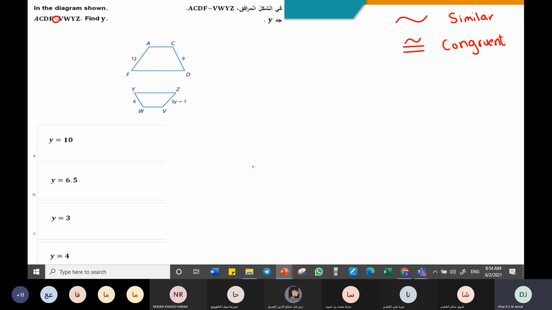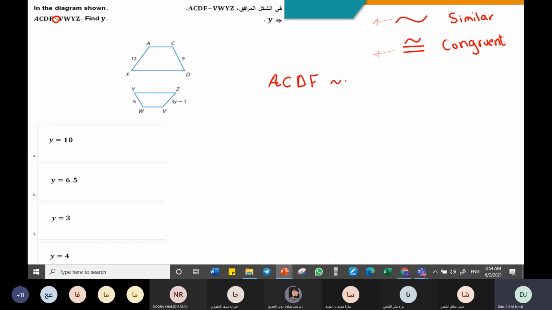Please know the difference. So he's telling you that they are similar. Whenever I'm having congruent, that means all my angles and my sides are congruent. But with similar, I'm having congruent angles and proportional sides.